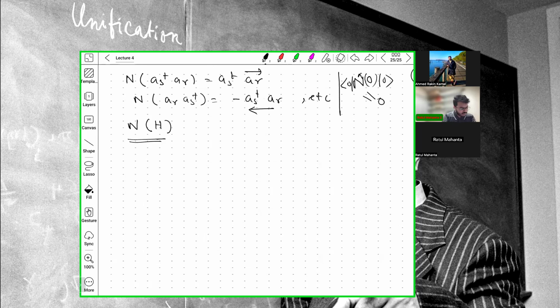So in a sense, what we got, you can say that it is the normal ordered H. So I am writing that down, and that is our final formula. It is already normal ordered, so that's the Hamiltonian we'll be using.